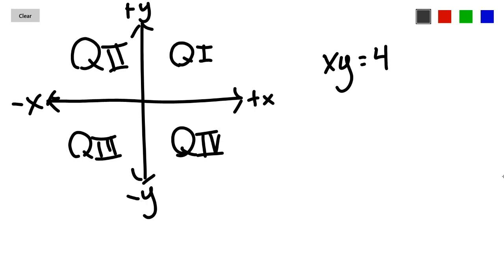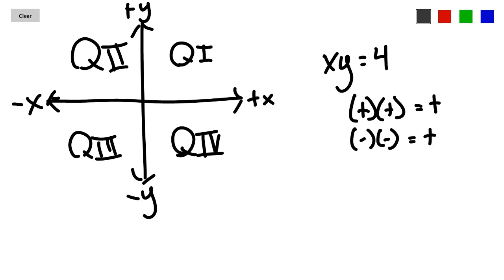And so the two scenarios in which that's true is I have a positive times a positive, of course, that gives me a positive number. And as well, I have a negative times a negative number. That also gives me a positive. So I know that my two possibilities are I have a positive x and y coordinate, or I have a negative x and y coordinate.